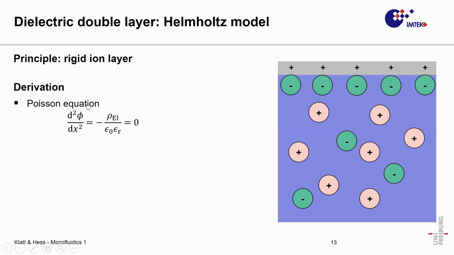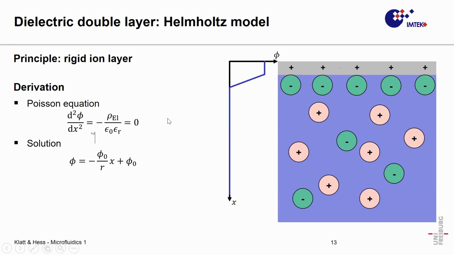And if we now take the Poisson equation, you know that there are no sources or sinks within this electric field. And this means that the right-hand side of your equation has to be 0. To now get the potential along your x-axis within this picture, we only have to solve the equation.